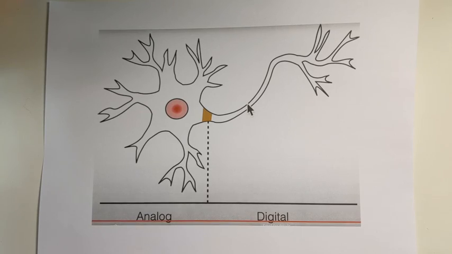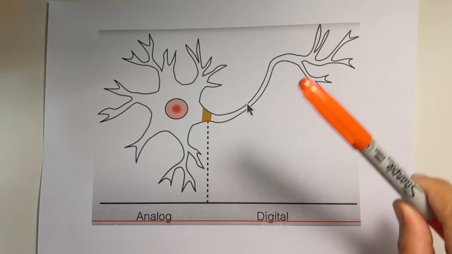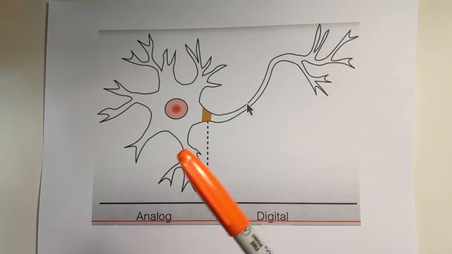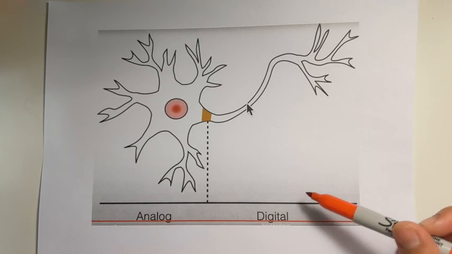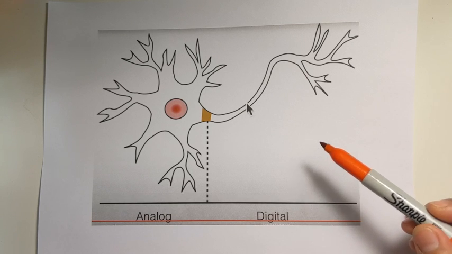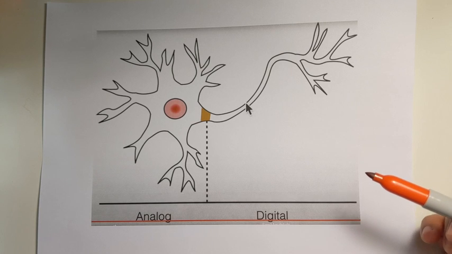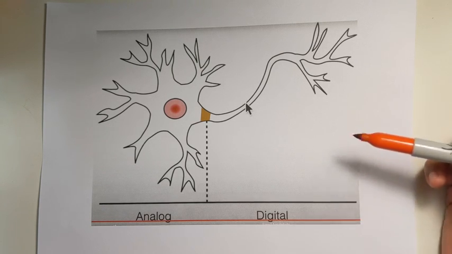A great analogy I came upon on YouTube is by Bozeman Science. We can think of a neuron as having an analog side and a digital side. On the digital side, the action potential is all or nothing. You can compare it to computer language, which is composed of ones and zeros. In computer languages it's a completely different course, but you can think of it like that, digital.